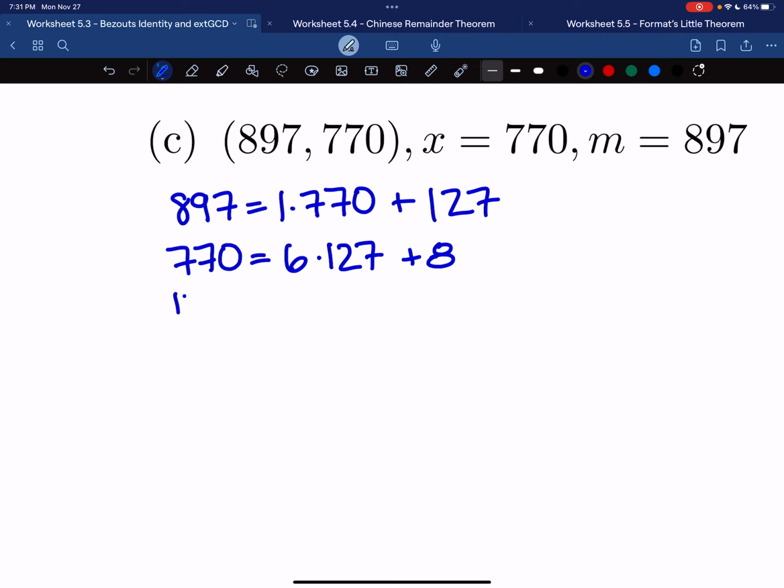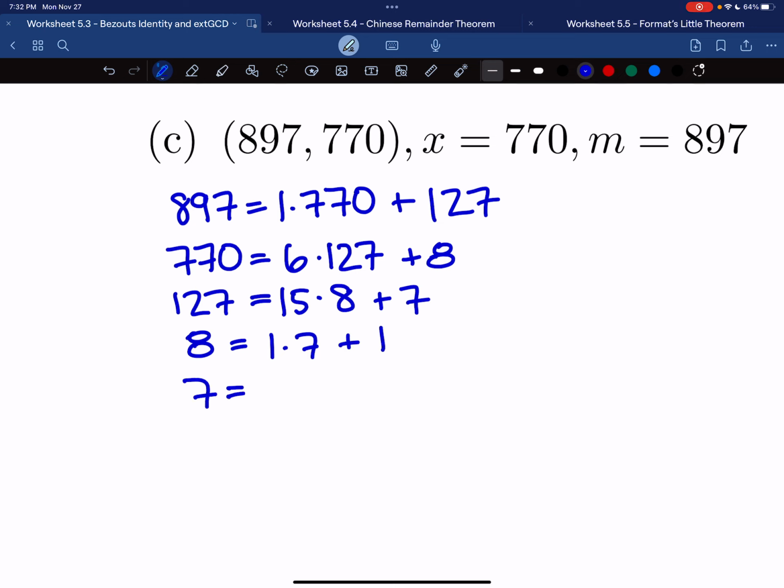And so 127 is equal to how many times 8? We can fit in 10, 80, plus another 5, 15. And then that's 120. We'll have 7 left over. 8 is equal to 1 times 7 plus 1. 7 is equal to 7 times 1 plus 0, and you can see that this is where we're going to stop, right?